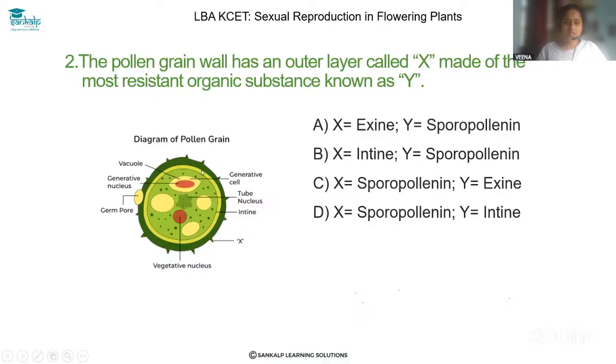If you observe here properly, here there are labels. Here this one is the intine, a layer which is present inside the pollen grain, and here labeled as X is an outer layer actually.